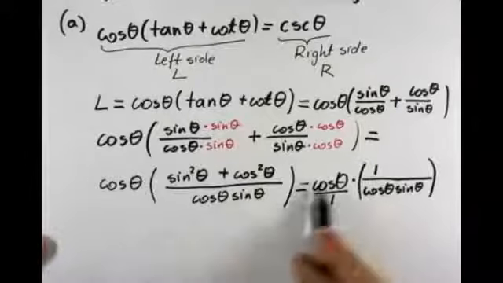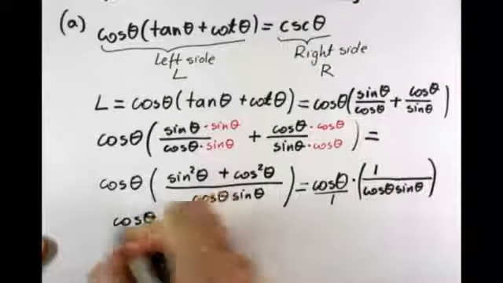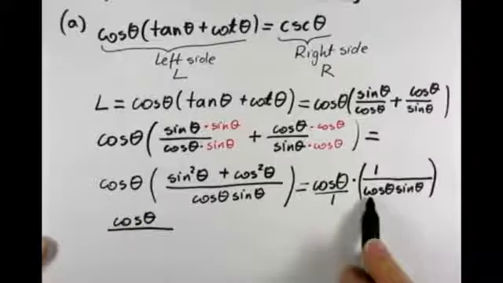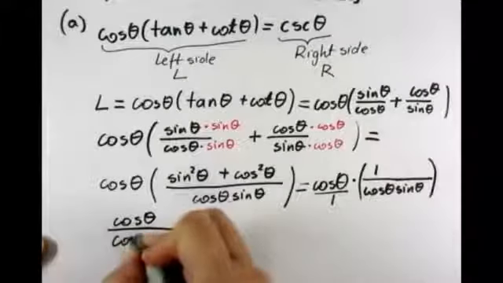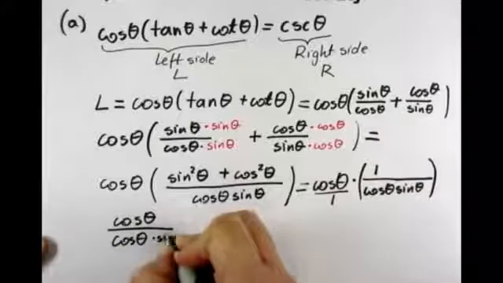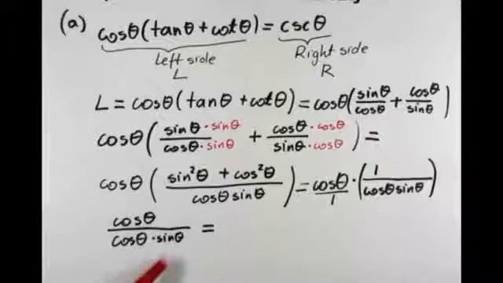So what we have, cos theta times 1 gives me cos theta, and on the bottom 1 times cos theta sine theta, cos theta times sine theta. So now we can reduce, everywhere is multiplication, we can cancel cos and cos.